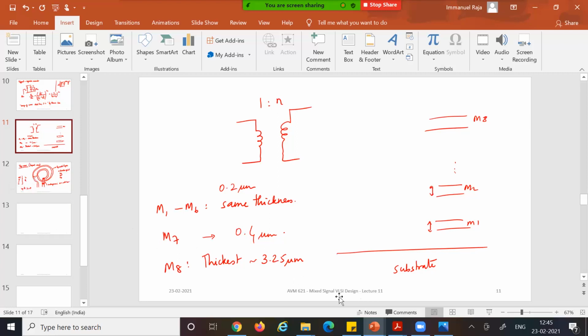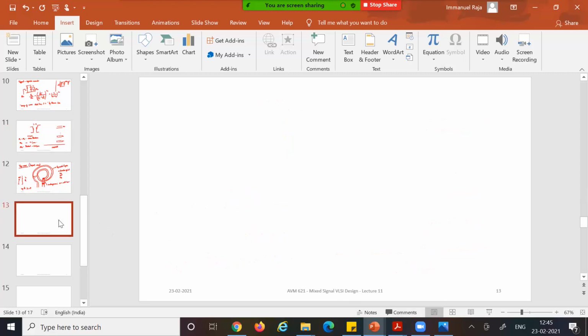These inductors will basically have different types of loss. Let me give it now. If you look at an inductor, the model of the inductor is something like this. You have an inductor, it will have a series resistance RS, because it is a metal layer.